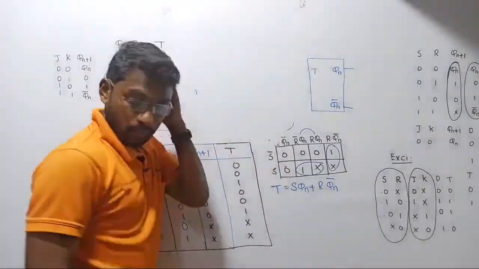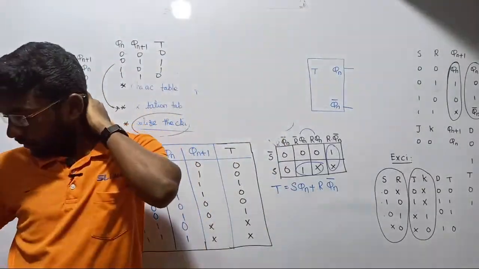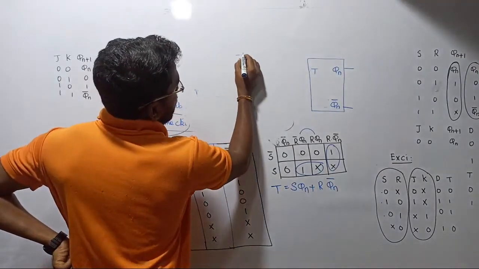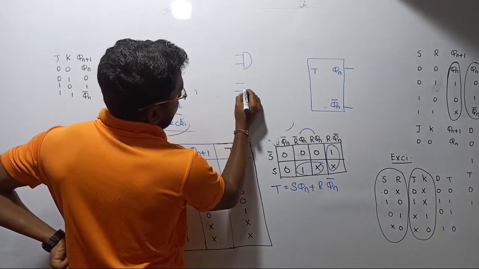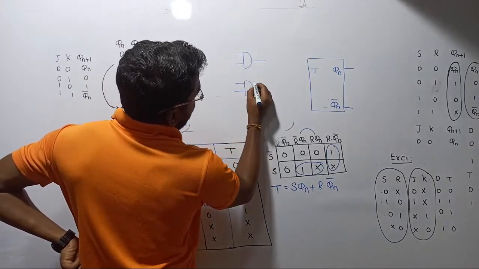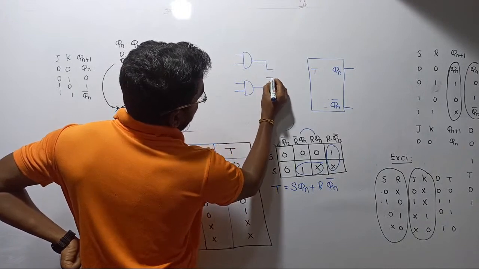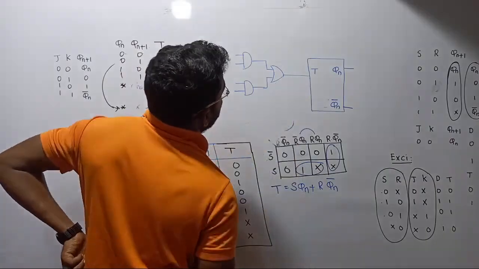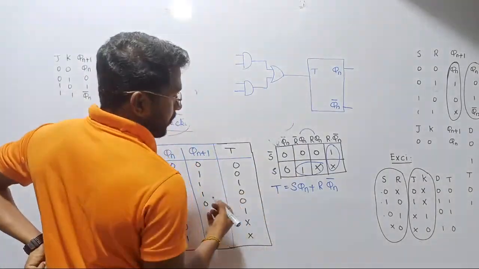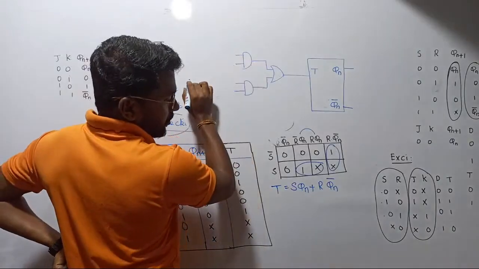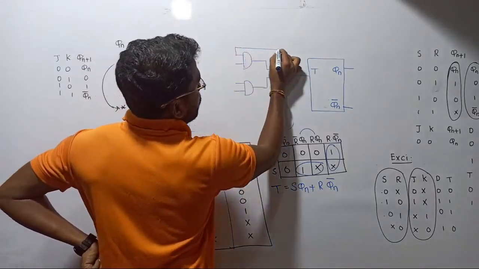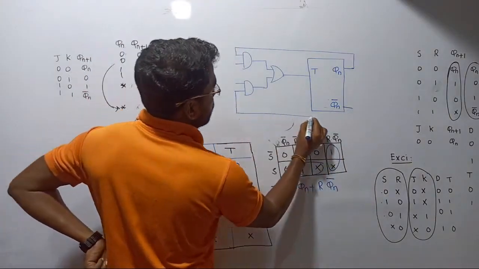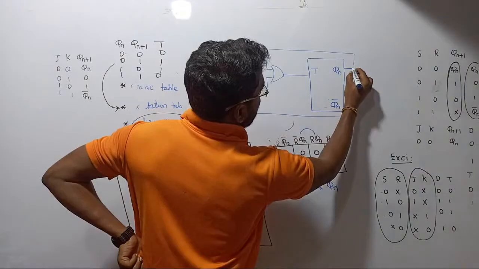Okay, let me use 2 AND gates and 1 OR gate, and then we will join this one, right? So here I am in need of, for example, S is going to be connected with the Qn. Let me connect this one, and let us connect this one with the Qn bar, right?